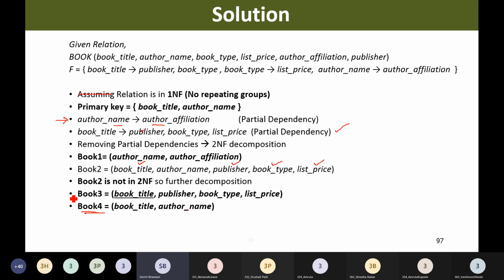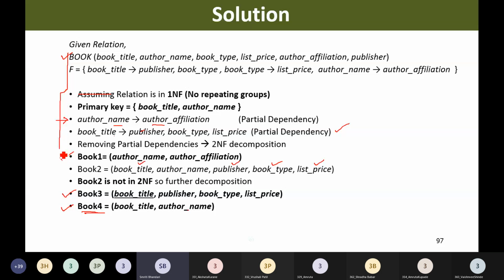So what are the relations now in our 2NF after decomposition? We will have book 1, book 3 and book 4.